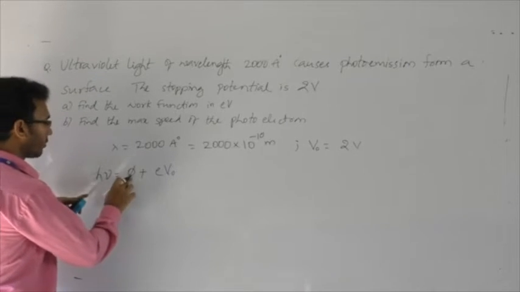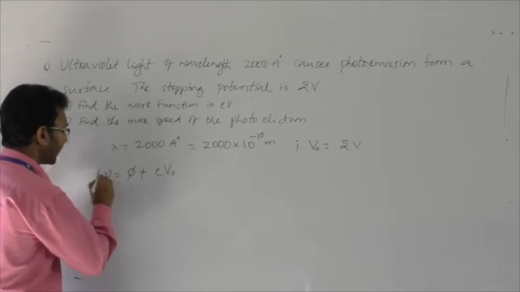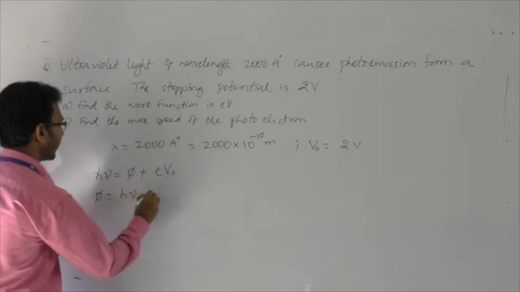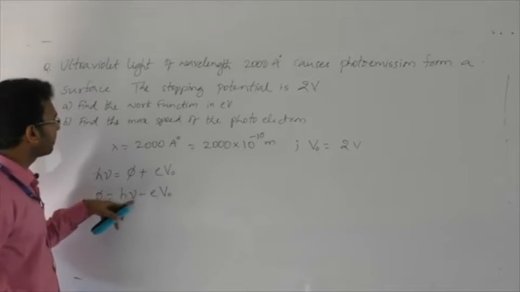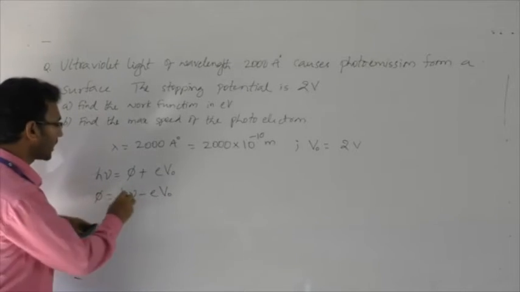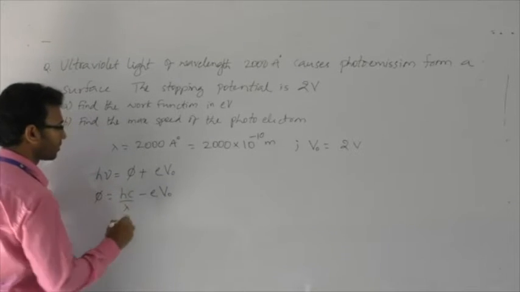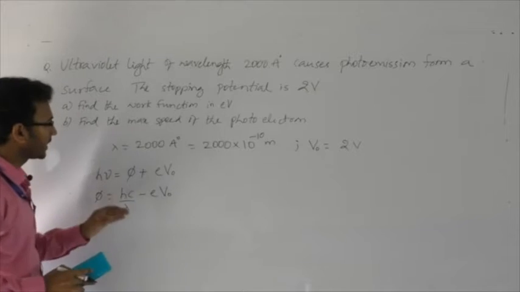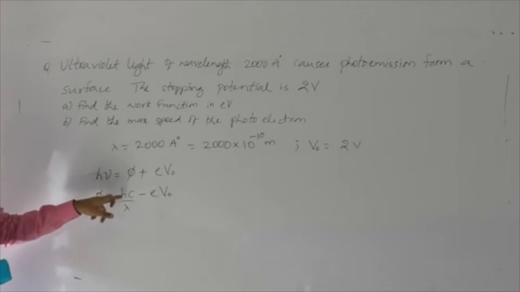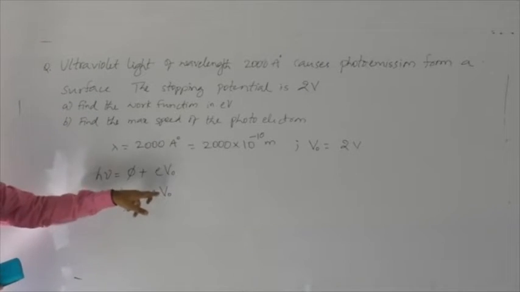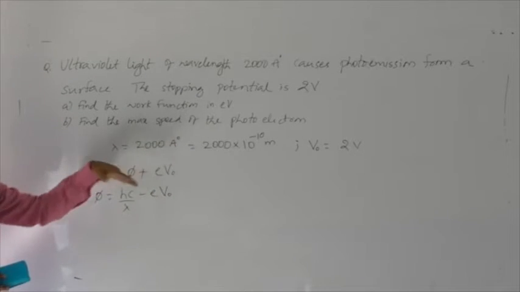So we are supposed to find phi, therefore phi equals h nu minus eV naught. But nu is given? No. Lambda is given. So this I can write as hc by lambda minus eV naught. Before simplifying this, we can simply put the values of Planck's constant, speed of light, lambda, e, charge of electron, V naught.